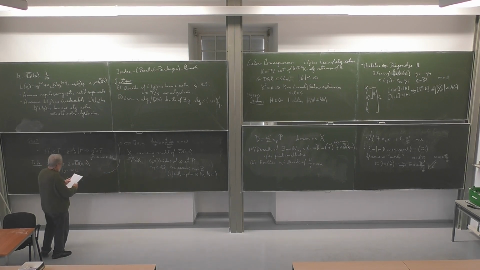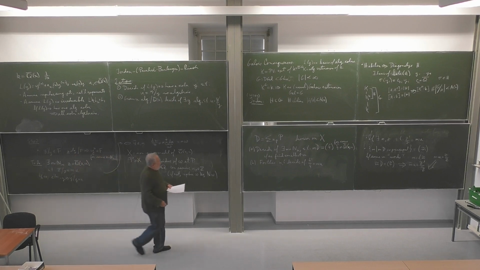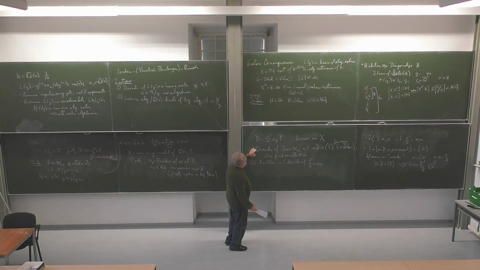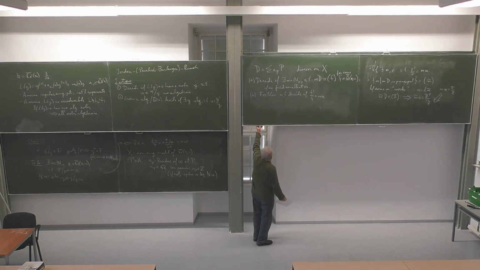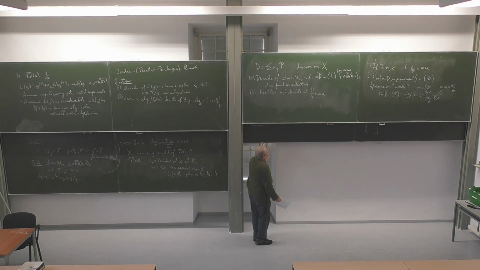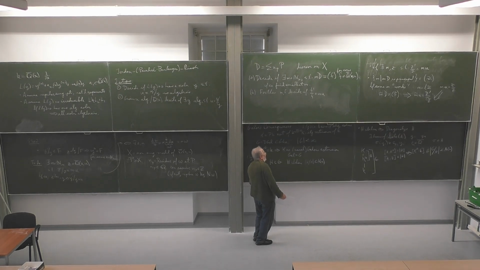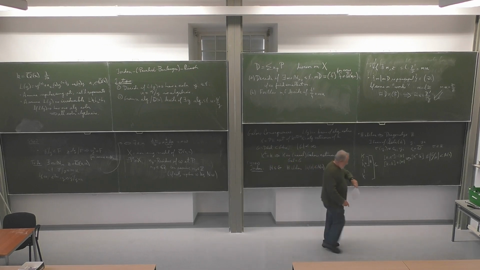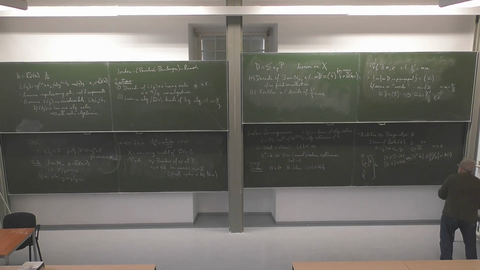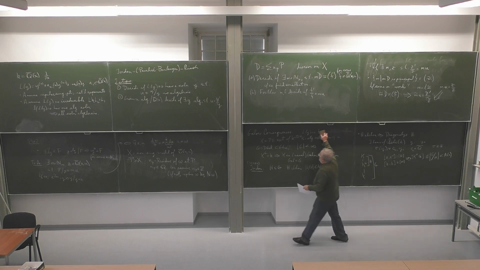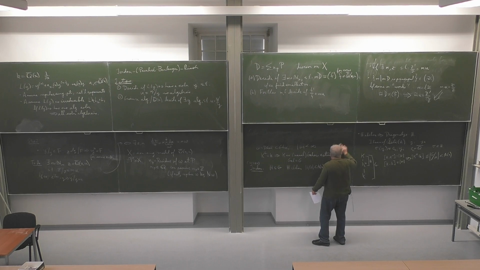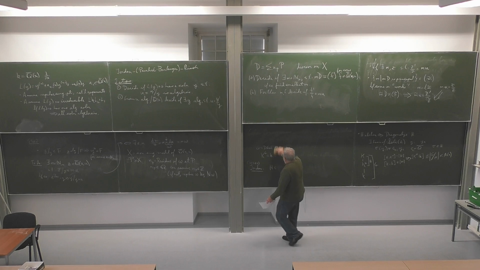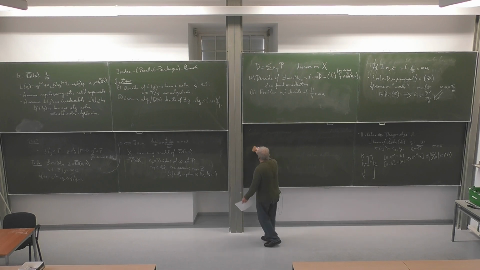So I'm going to deal with this. And now I need to use something serious. I need to decide if some multiple of a divisor is principal. We have criteria for when divisors are principal.